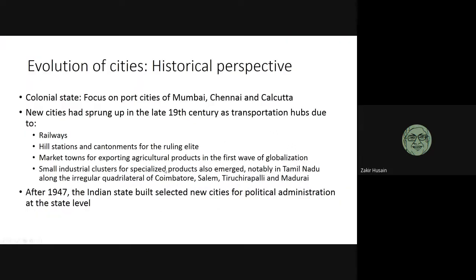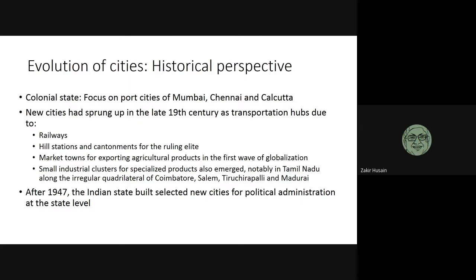So anyway, the British government set up railways, and these railways led to the growth of small towns along trade routes. Last year, Pushkar Moitro, one of our ex-students, gave a lecture, "The Long Arm of Railways."